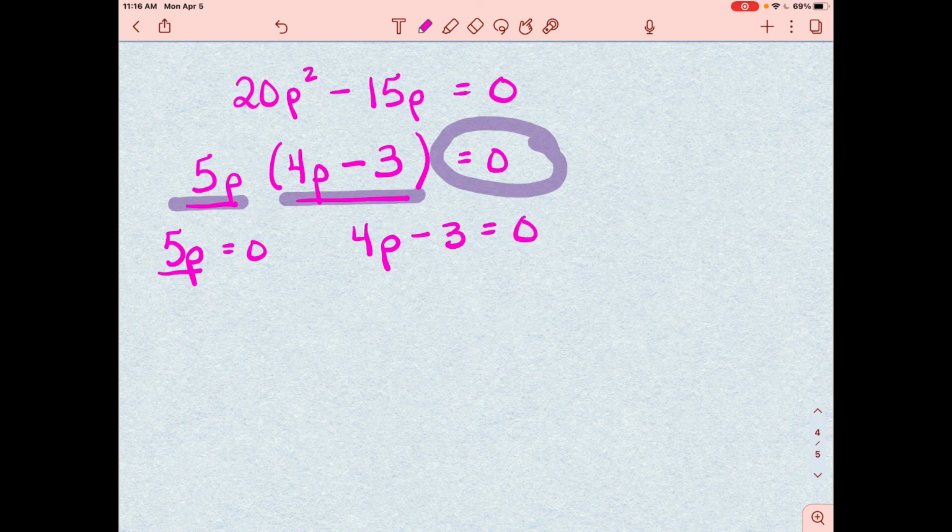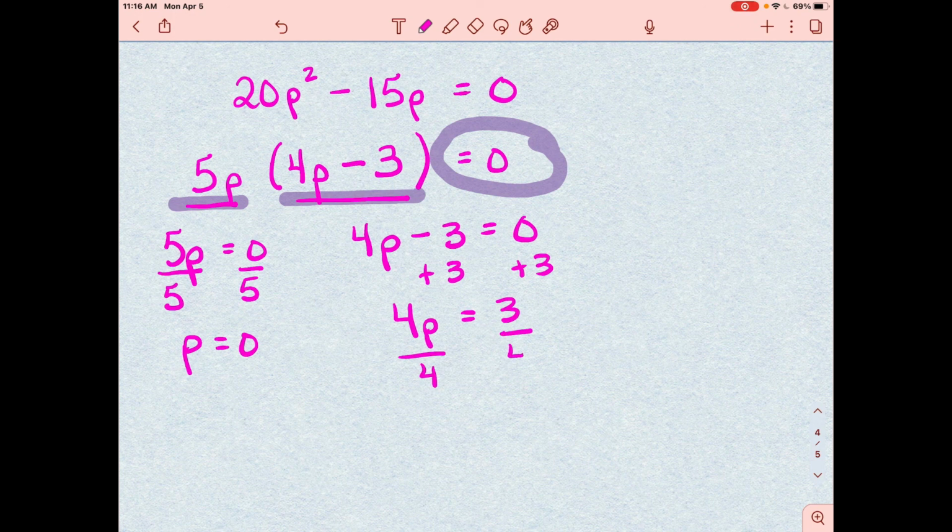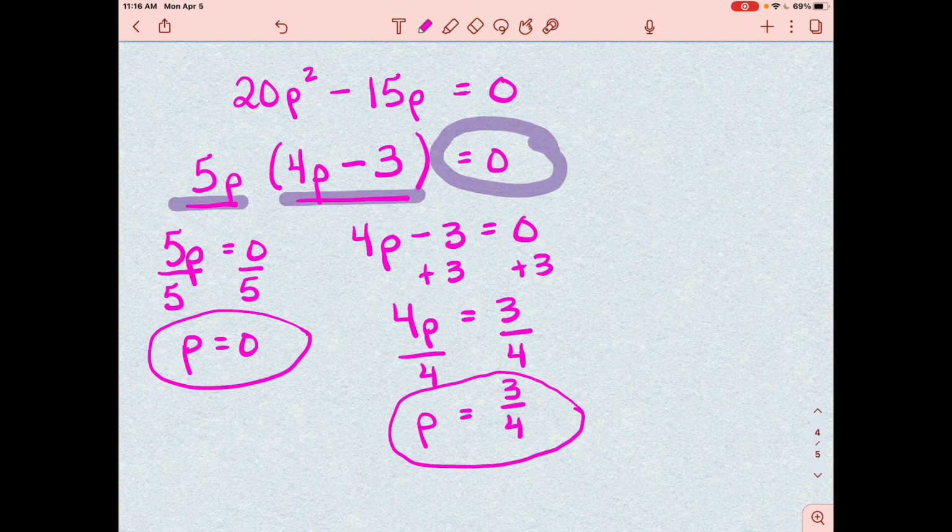Okay, let's finish solving each of these. Divide by 5. p equals 0, so that's my first instance. For 4p equals 3, divide by 4. Never let these fractions get you. Just keep the 3/4. p equals 0. And p equals 3/4.